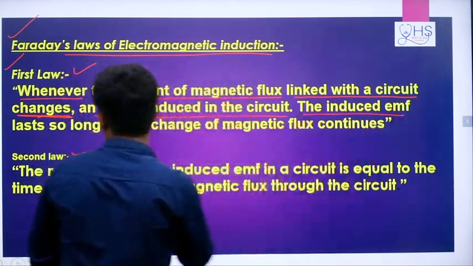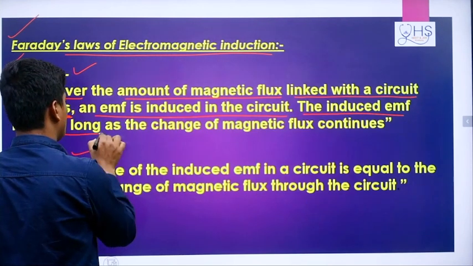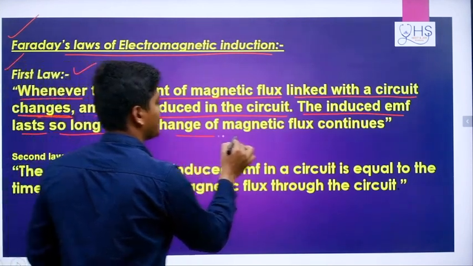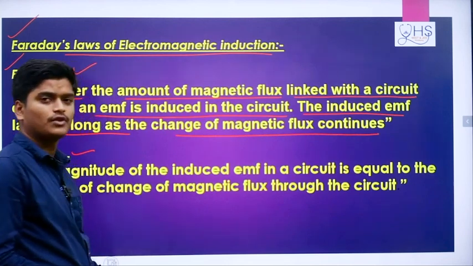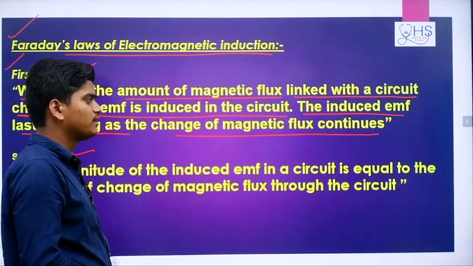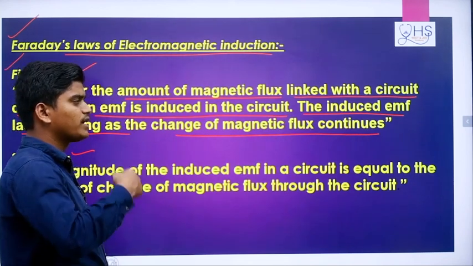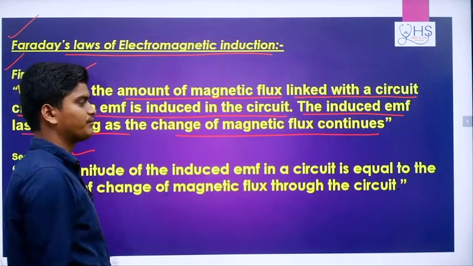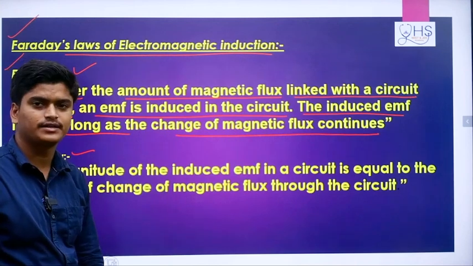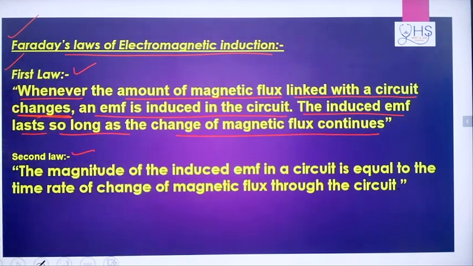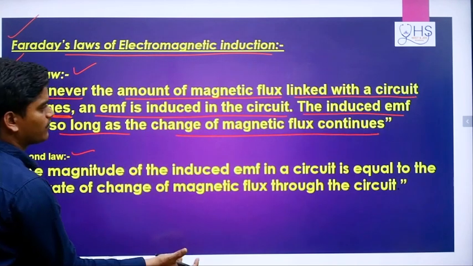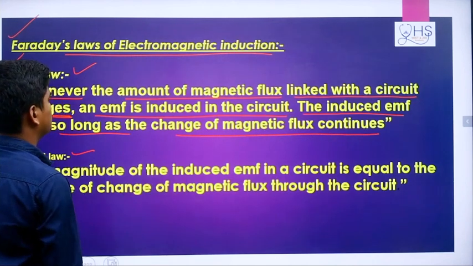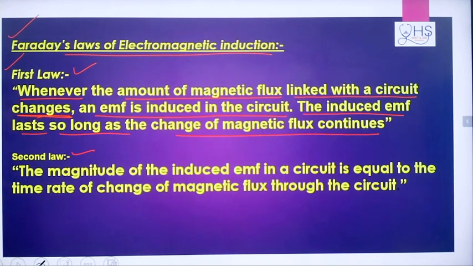And the induced EMF lasts so long as the change of magnetic flux continues. Induced EMF will be there till you are changing the flux. If you are not changing any flux, there will be no induced EMF. That is what the second line is saying. So remember this law: whenever there is a change in magnetic flux, there is an induced EMF in the circuit.